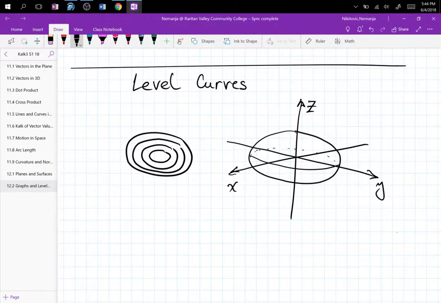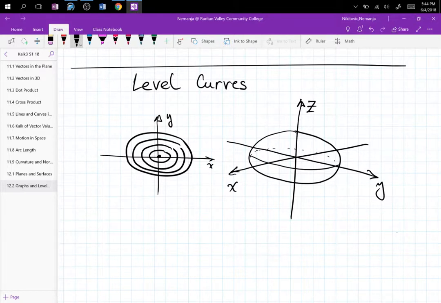So X, Y, Z. And you slice with planes. This is what you are going to get in the XY plane. So these circles, ellipses in this case, are called level curves.